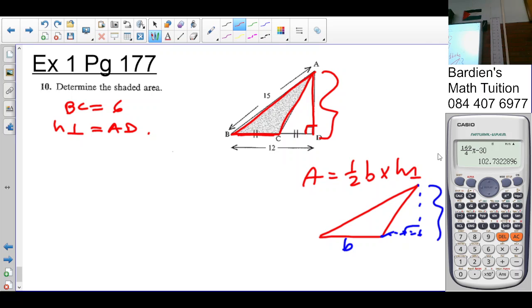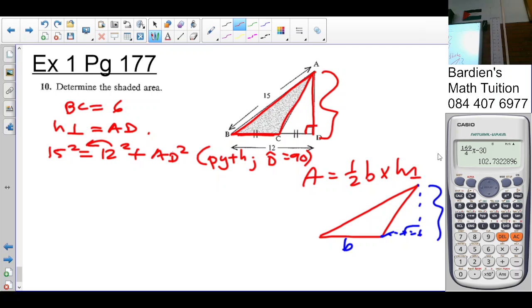Right, so how do we calculate AD? By using Pythagoras. So it's going to be 15 squared is equal to 12 squared plus AD squared. This is your reason here, Pythagoras, with angle D equals 90 degrees.